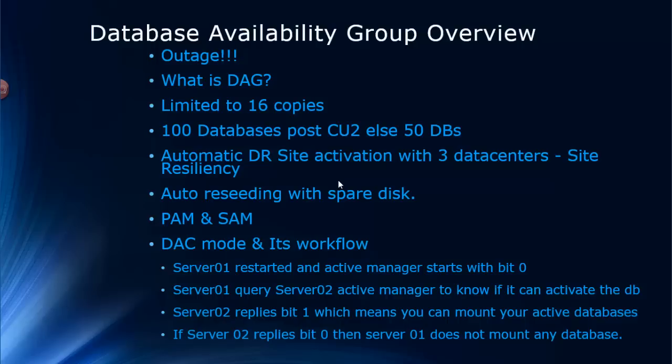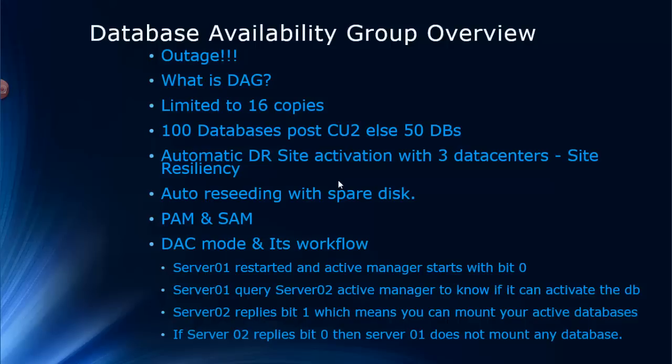Exchange 2007 changed its name to CCR and SCR. SCR is not clustering, but an extended copy. Then in 2010 we got DAG, and it's improved again in Exchange 2013. Not just a little bit; it's more improved now. All right.